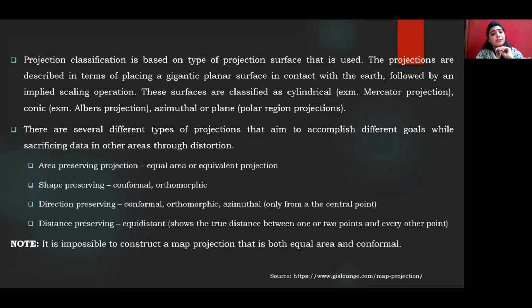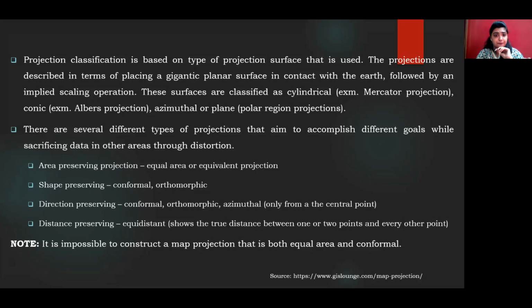So there are area preserving projections, which will preserve the area and are the equivalent projections. Then you have the shape preserving projections, which we call conformal or orthomorphic projections. Then you have the direction preserving ones, which we generally call azimuthal projections. And then we have the distance preserving, the equidistant, which will show the true distance between 2 points on the map.